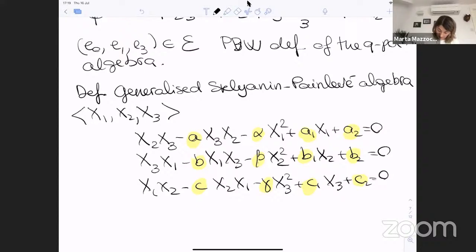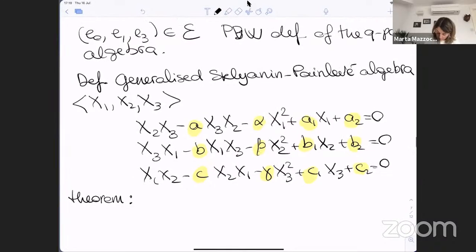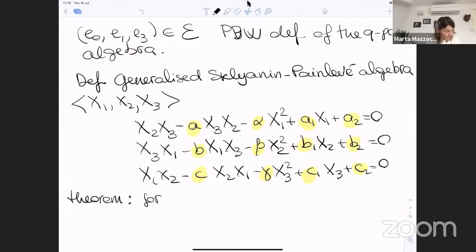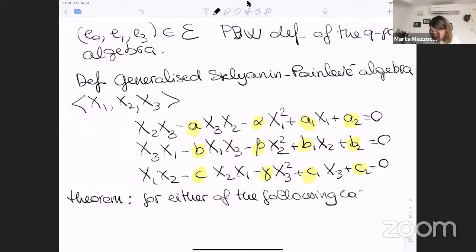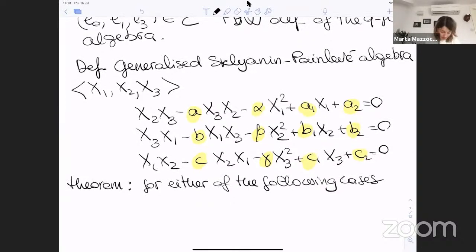Okay, so the theorem is that for a certain set of values, for either of the following cases, this algebra is potential. Let me tell you the cases.